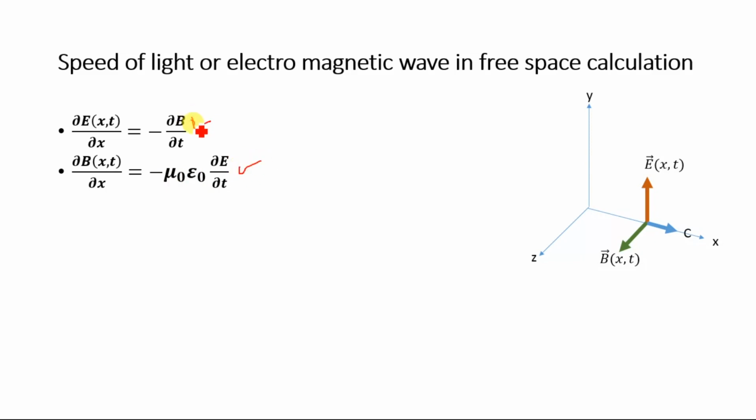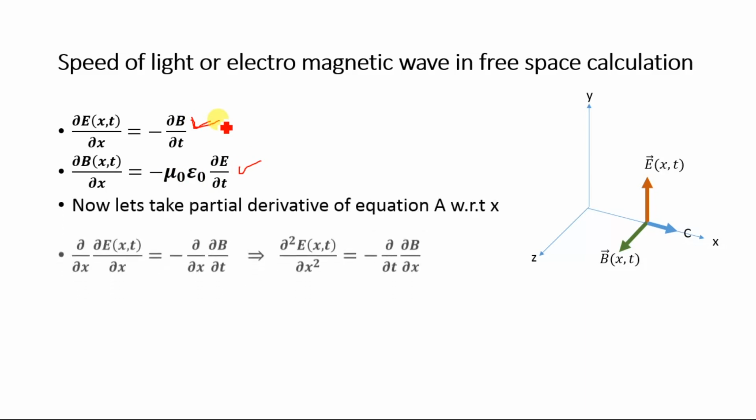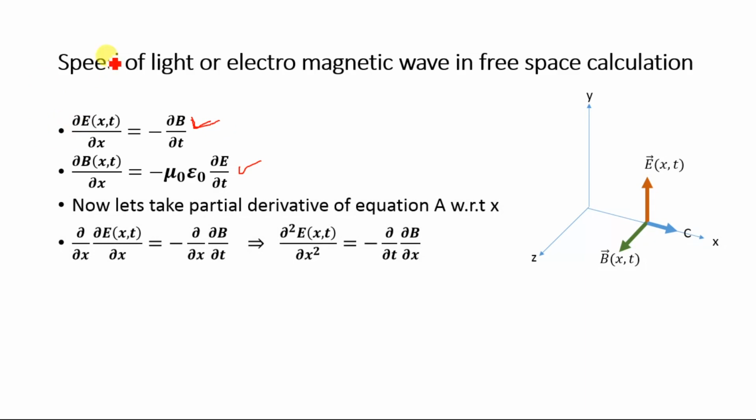Now let's take the partial derivative of equation number 1 with respect to x. We will get ∂/∂x of ∂/∂x of E(x,t) is equal to minus ∂/∂x of ∂/∂t of B. Applying this partial derivative, we will get ∂²/∂x² of electric field is equal to minus, and rearranging this term, we can write it as ∂/∂t of ∂/∂x of magnetic field.